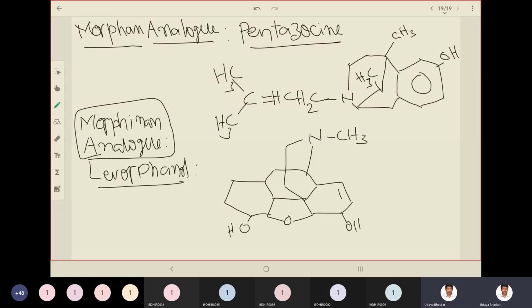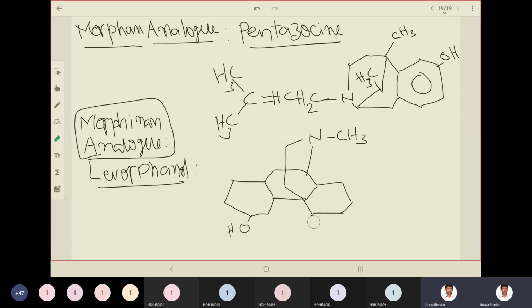Now you remove the alcoholic hydroxyl group and you remove the double bond, okay, and you remove the ether link. So if you remember the structure activity relationships, after dissecting the ether link, you will get morphinan analogs.